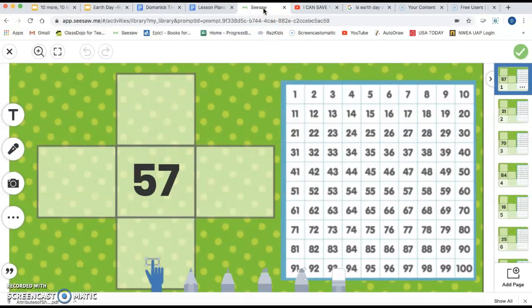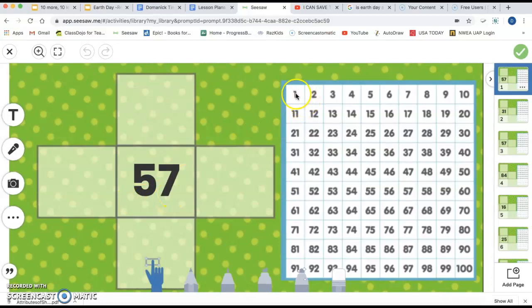In Seesaw, you're going to have that plus sign like I showed you on my example. So each slide you're going to have 10 on your right, and on each slide is going to be a different number in the middle. So you're going to use that number and you're going to figure out where it is on the hundreds chart. I see that my first number is the number 57. I know 57 has 5 tens and 7 ones.